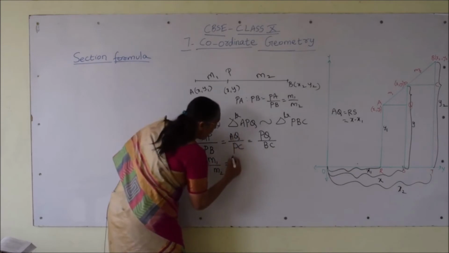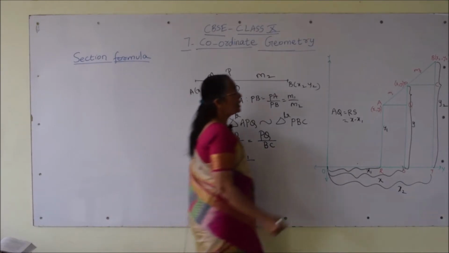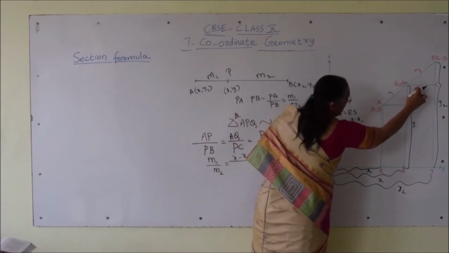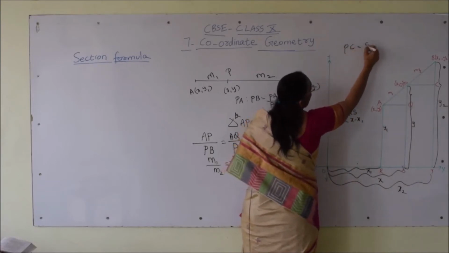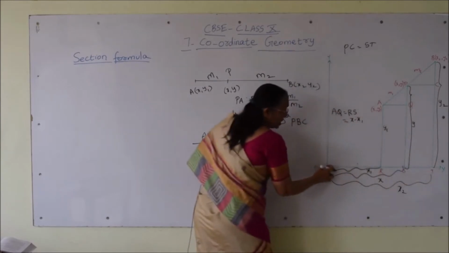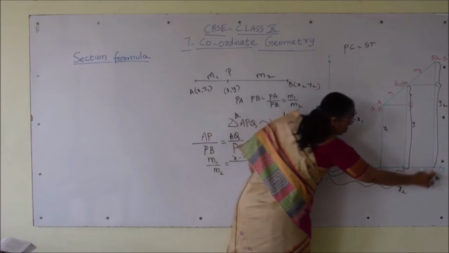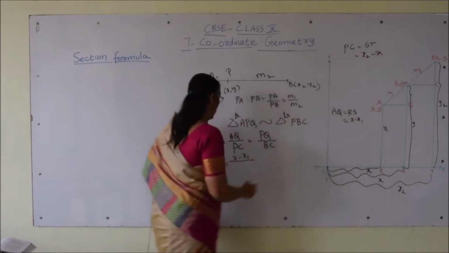AQ is equal to RS, which is x minus x1. Similarly, PC. Where is PC? This one is PC. PC is the same as ST. PC distance is the same as ST. ST is OT minus OS, which is x2 minus x.